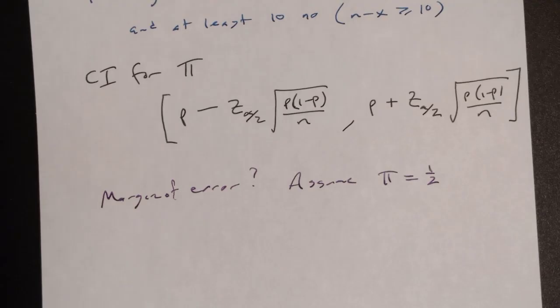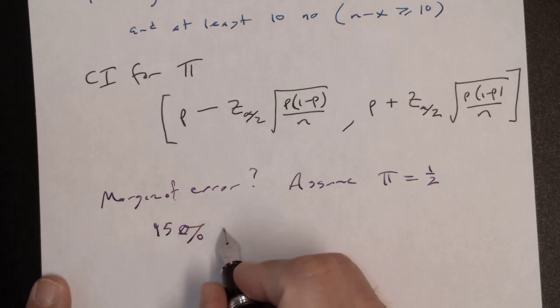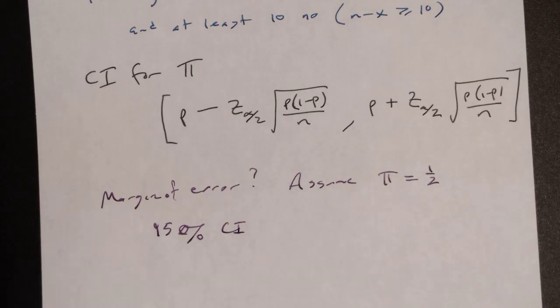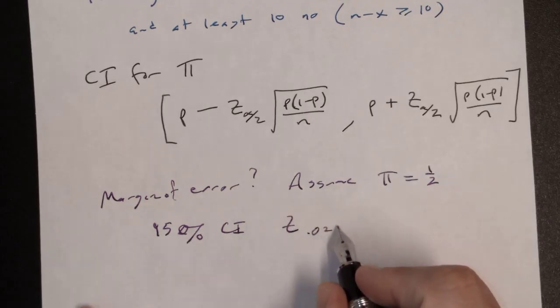Almost all of the confidence intervals given in voting use a 95% CI. Okay, I'm back on the normal distribution, Appendix C. 95% means I need a Z of 0.025.